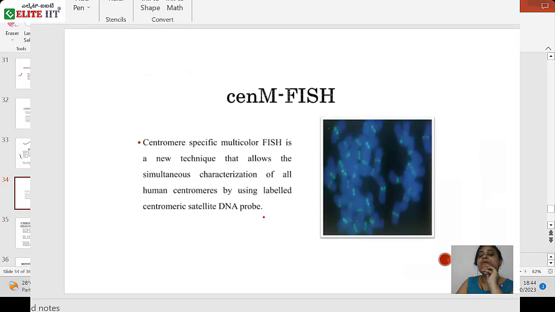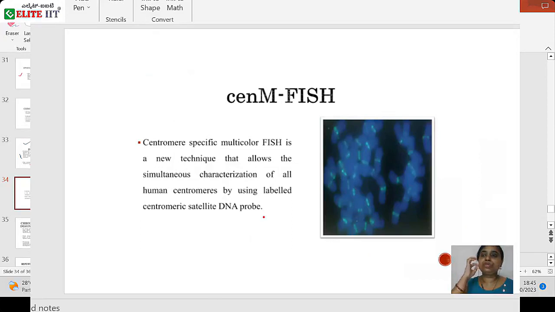That means you can label all the chromosomes and all the centromeres. The sequence will be different for different chromosomes. To some extent the difference will be there, and you can use a separate probe, so there will be 23 sequences. Okay.